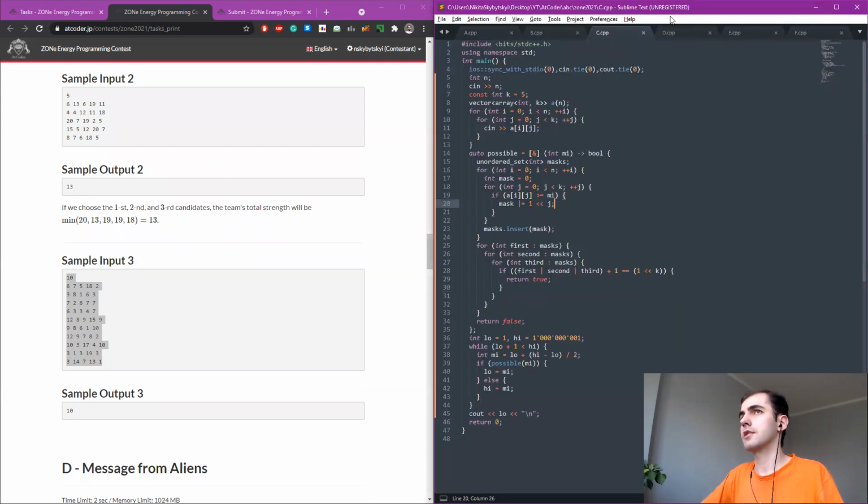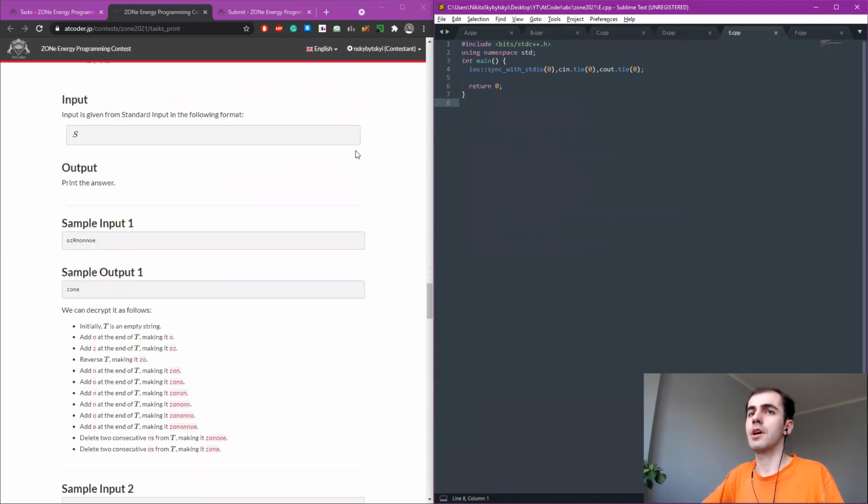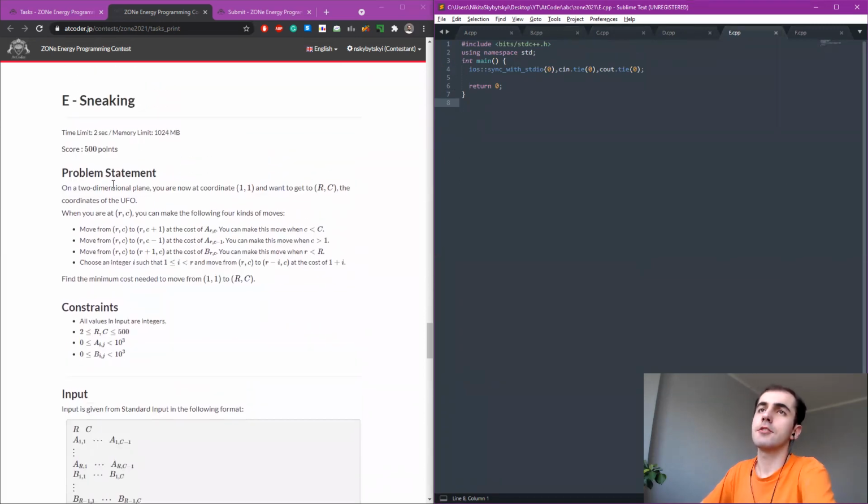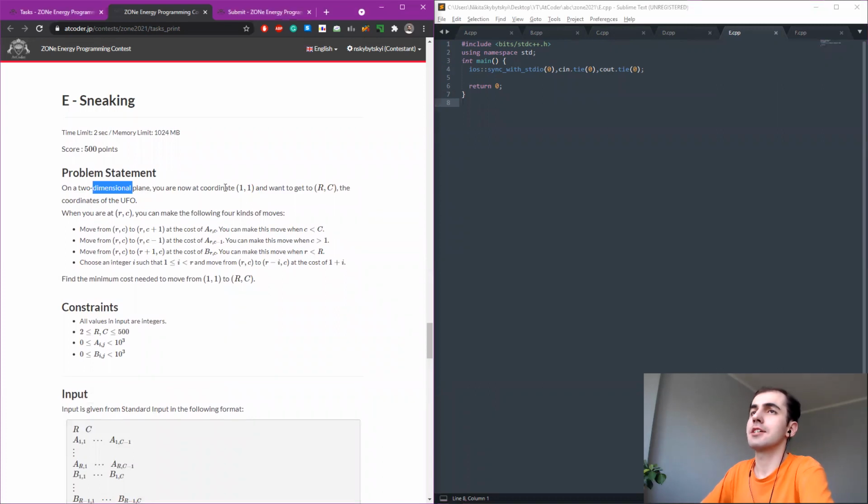So far, so good. Let's jump into problem E, Sneaking. On a two-dimensional plane, you are now at coordinates 1, 1, and want to get to (R, C), the coordinates of the UFO. Thematic contest, I must say. So when you're at (r, c), you can make the following 4 kinds of moves.